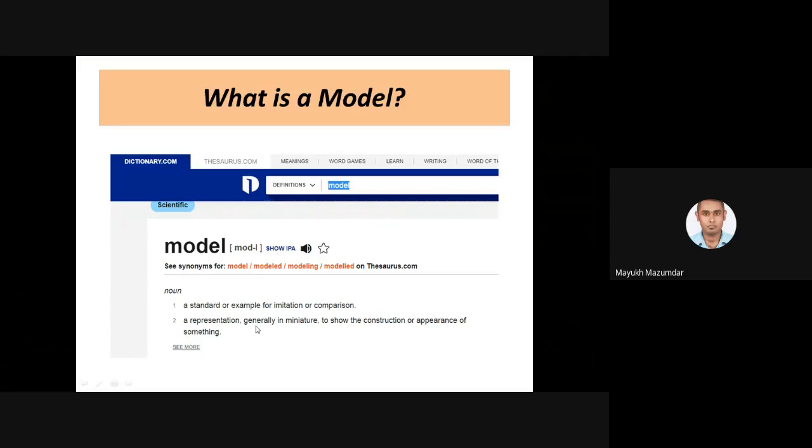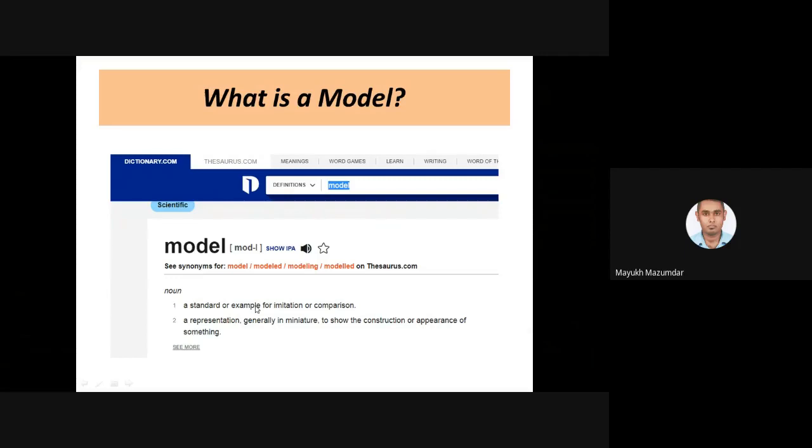It is a representation, which is generally a miniature. I have a huge thing, and I'm just, in a nutshell, trying to represent it. It is already there; I am presenting it once more. And it should highlight some details, like construction or appearance of something. Also, it is a standard or an example for imitation or for doing some comparison. So we would be taking both the things together.